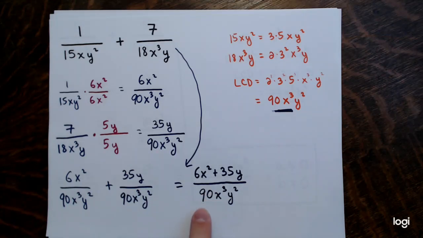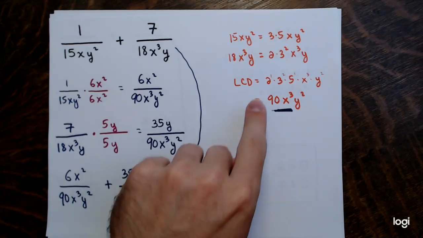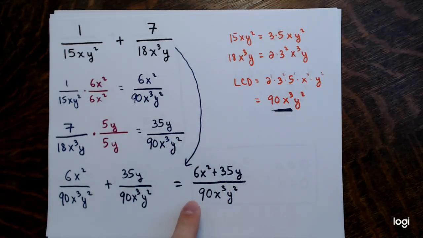Now we can factor 90 down here to 2 times 3 squared times 5. It's just the numerator again. It's two terms, so I'm looking for greatest common factor or something like that, or is it a difference of squares, difference of cubes, sum of cubes, but it's not one of those things. 6 is 2 times 3, 35 is 5 times 7.